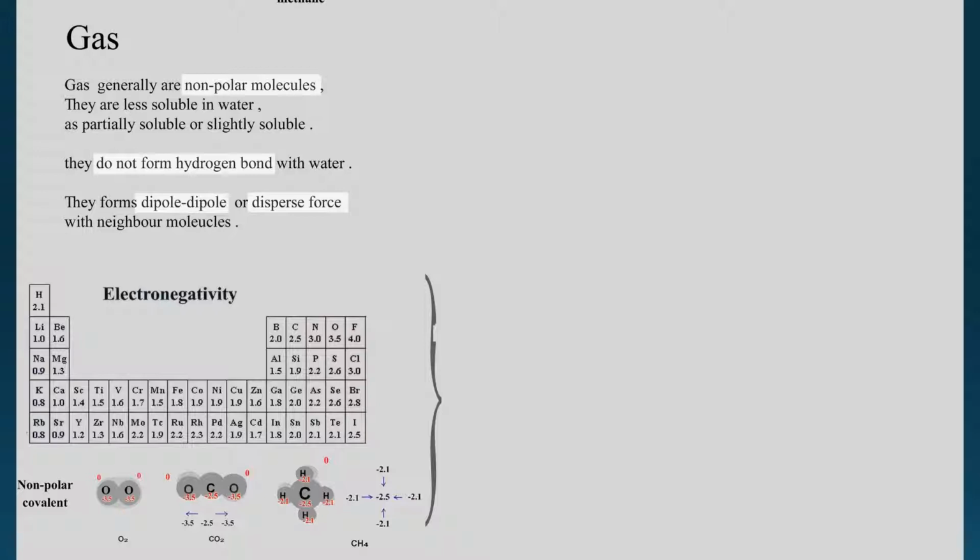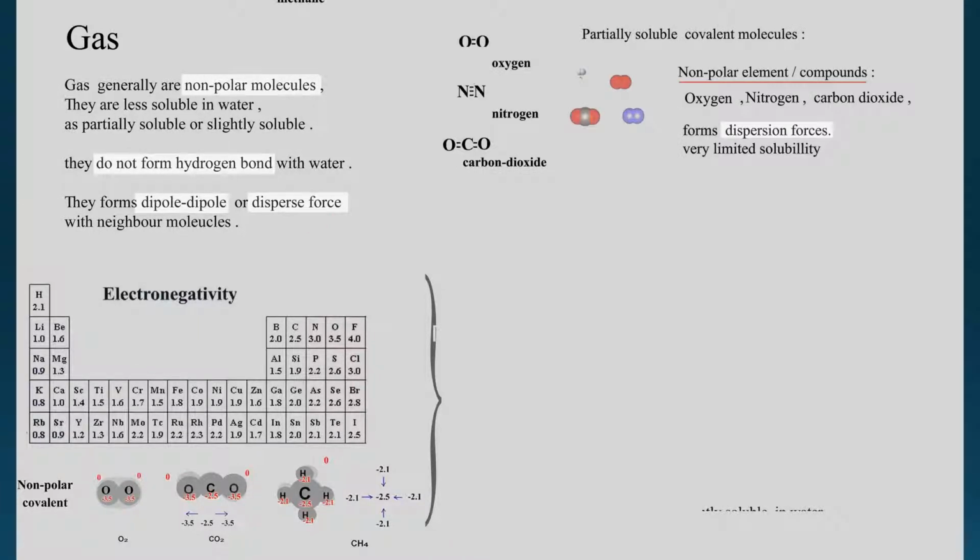So they are not the hydrogen bond type, but rather the dipole-dipole or dispersion force type. For example, O2, oxygen, and N2, nitrogen, are only partially soluble. In fact, you can say they are quite insoluble.